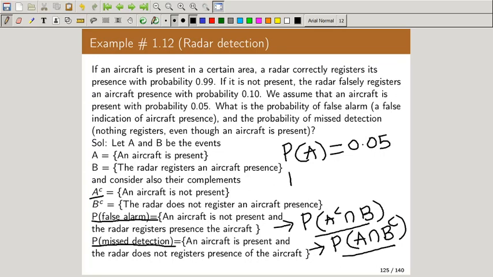Obviously, what is the probability that the aircraft is not present, A complement? You know already, P of A plus P of A complement should be equal to 1, which means this is 1 minus 0.05, that is 0.95. Isn't it? Now what else is given?